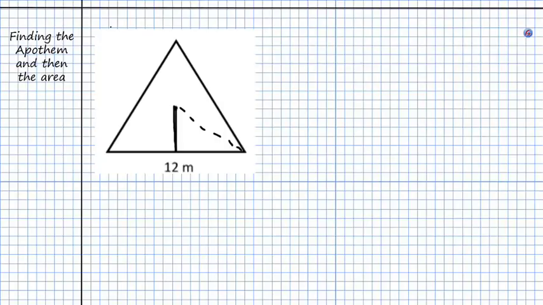So step one, we need to find that central angle measure. So we say 360 divided by the number of sides. There's 1, 2, 3 sides. So that's going to be 120. And then I'm really looking for this angle here.